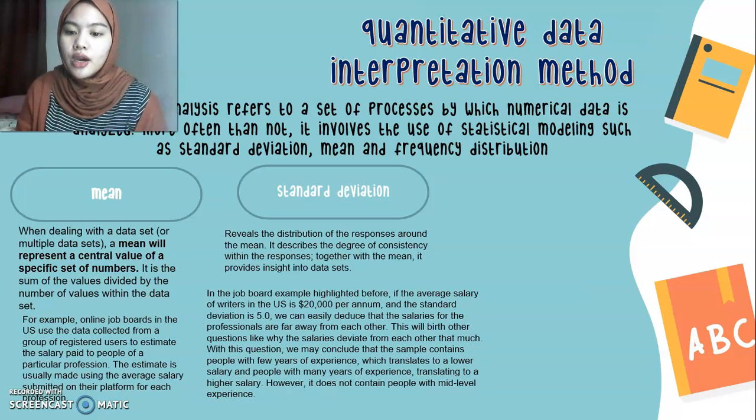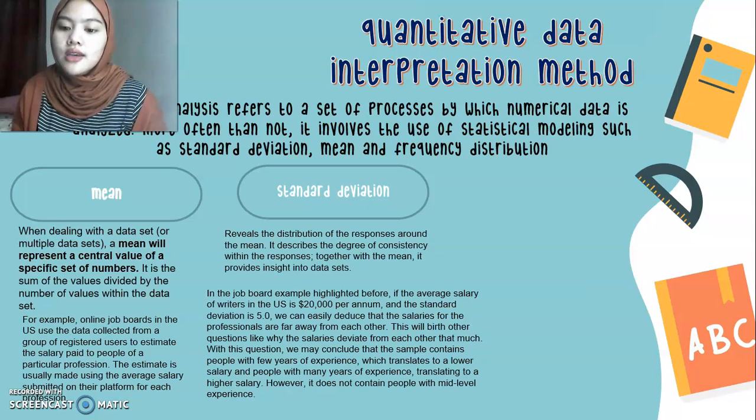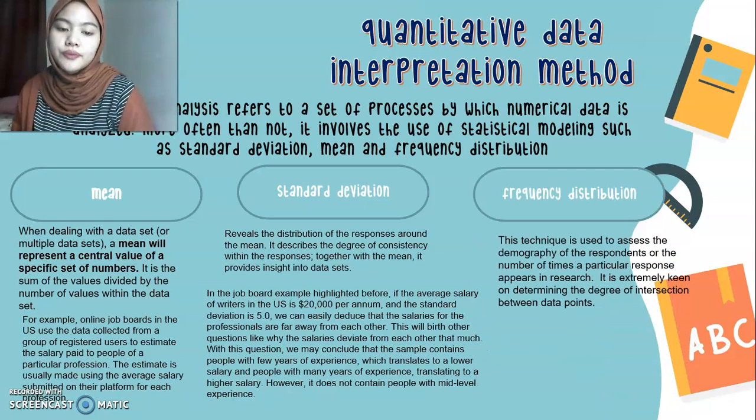This will birth other questions, like why the salaries deviate from each other that much. With this question, we may conclude that the sample contains people with few years of experience, which translates to a lower salary, and people with many years of experience, translating to a higher salary. However, it doesn't contain people with mid-level experience.